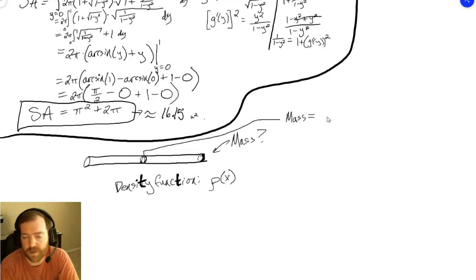Well, mass is going to be volume times density.